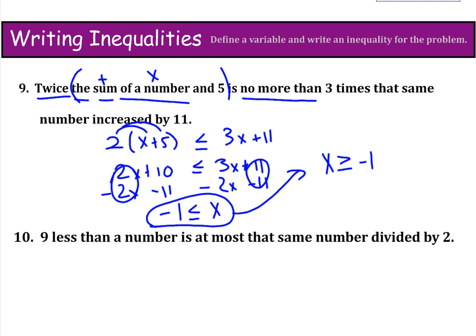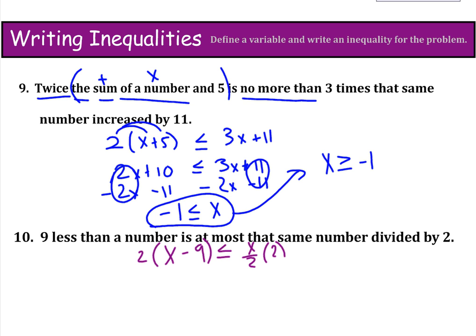So number 10, 9 less than a number is at most that same number divided by 2. So x minus 9 is at most that same number divided by 2. So that's got to be less than or equal to x divided by 2. So I want to multiply both sides by 2.